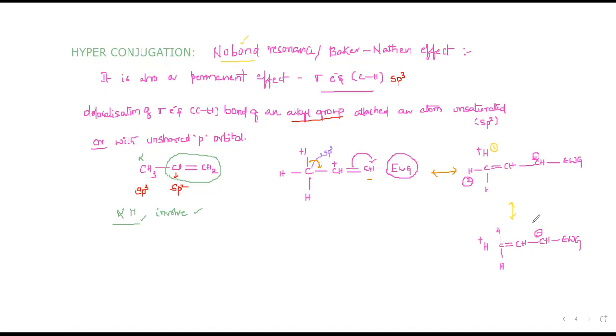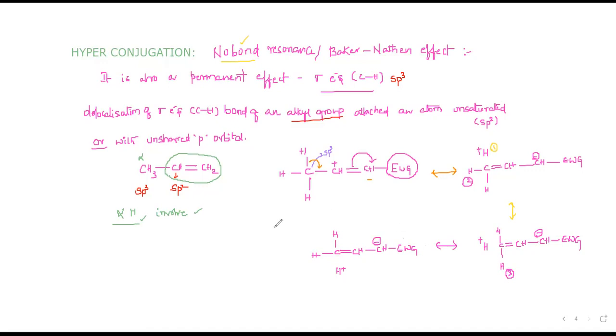And if the involvement is of the third hydrogen, no bond is observed between carbon and hydrogen, we get another resonating structure like this: C, H, H, H plus, double bond CH, CH minus, with the presence of the electron withdrawing group.